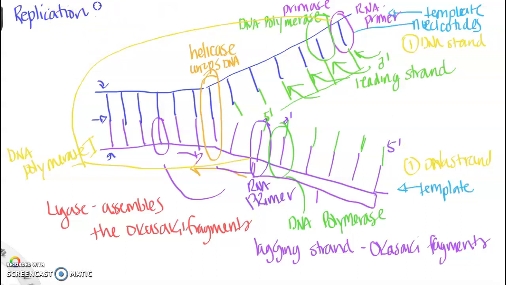So this type of replication is called semi-conservative replication. That means that two templates create two separate strands.